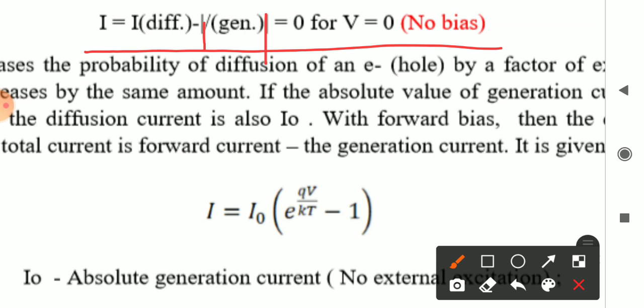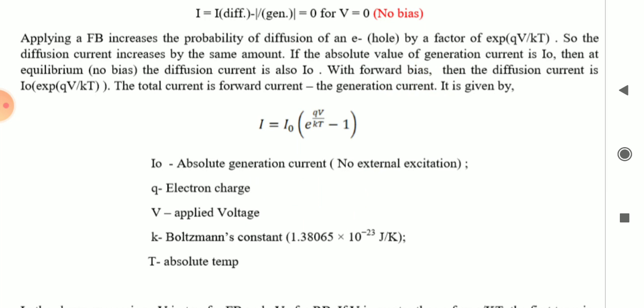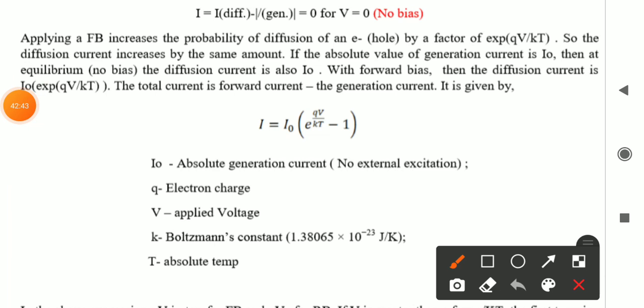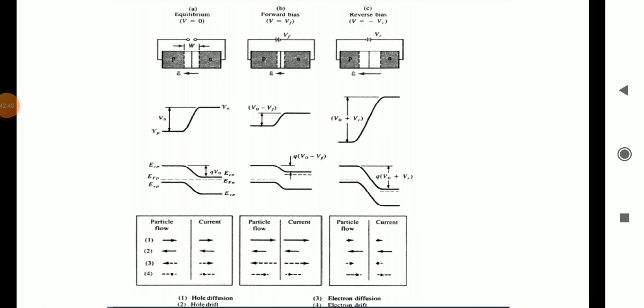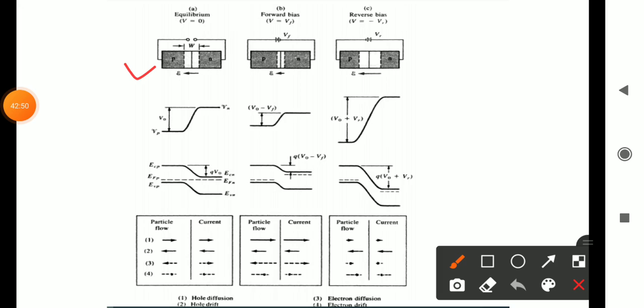So there is no current when there is no bias for the PN junction. Both are exactly opposite to each other with the same magnitude, that is diffusion and drift, so no current flows at equilibrium.